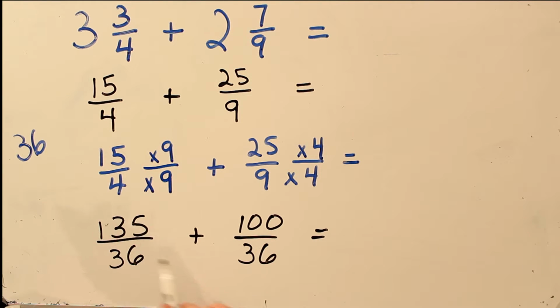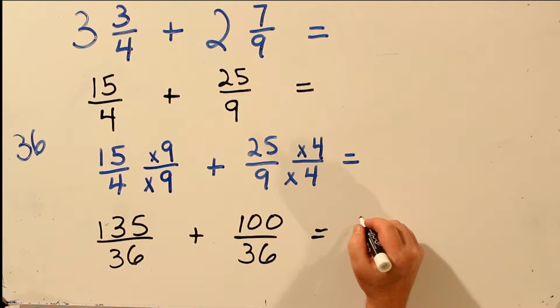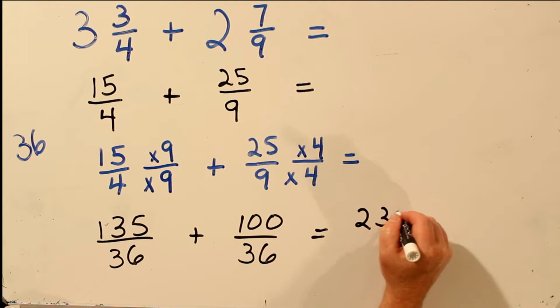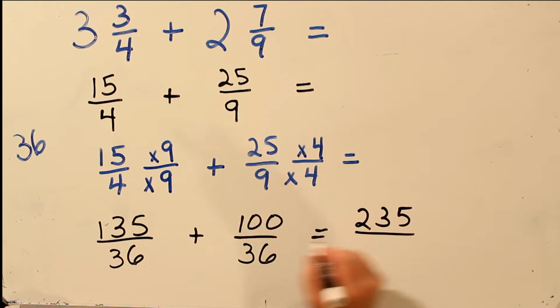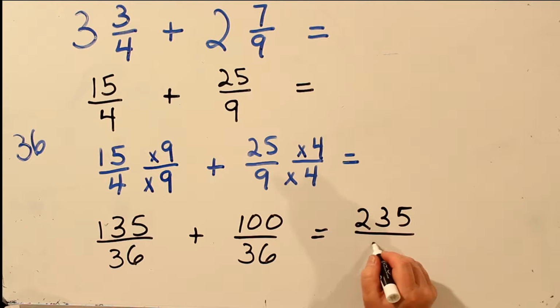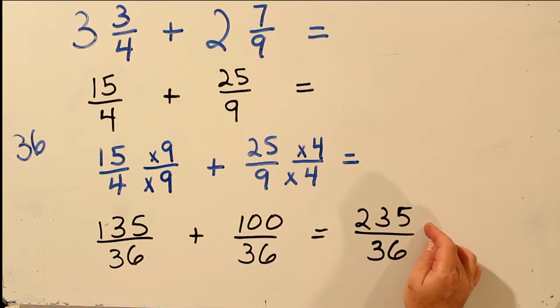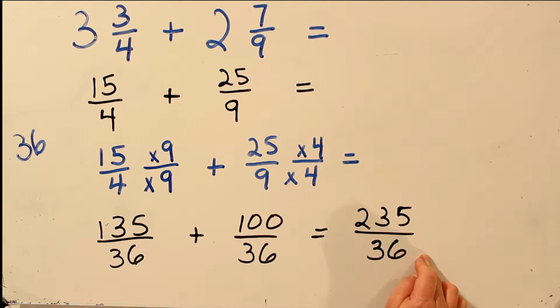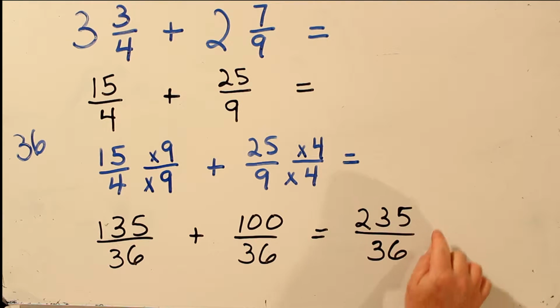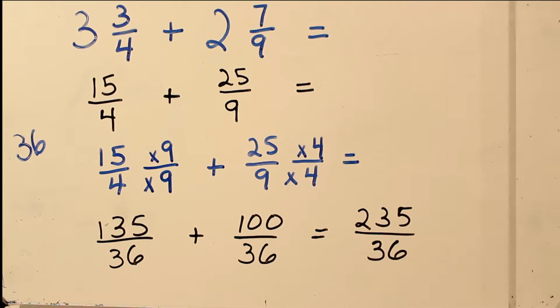So 135 plus 100 is 235. And keep the bottom number the same. So the answer is 235 over 36, which is an improper fraction, and it can be converted to a mixed number. But for this video's sake, I'm going to leave it as an improper fraction.